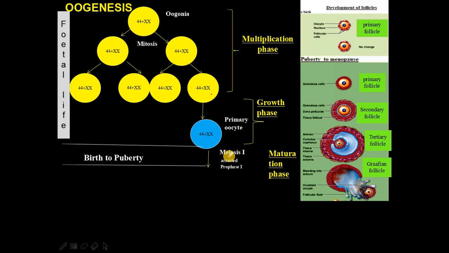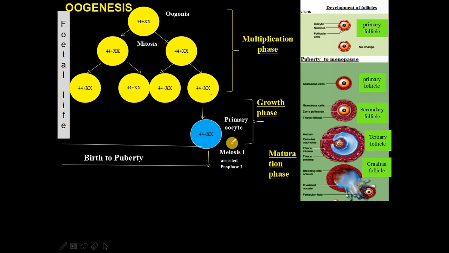Meiosis is a reductional division. Henceforth, we will see the 46 chromosomes being reduced to 23. Meiosis has two phases, meiosis 1 and meiosis 2. In turn, meiosis 1 has prophase 1, metaphase 1, anaphase 1, telophase 1. Similarly, meiosis 2 also has prophase 2, metaphase 2, anaphase 2, and telophase 2.